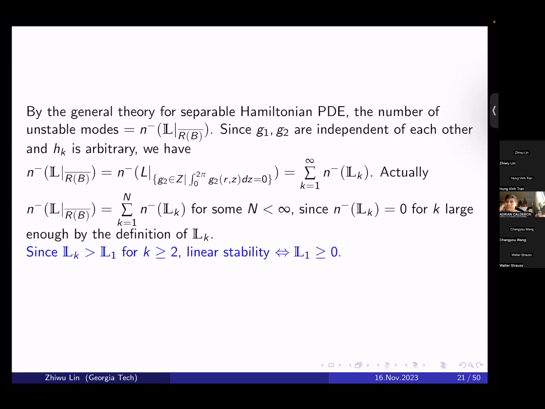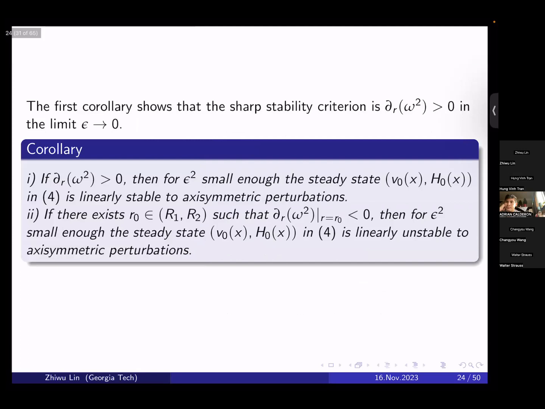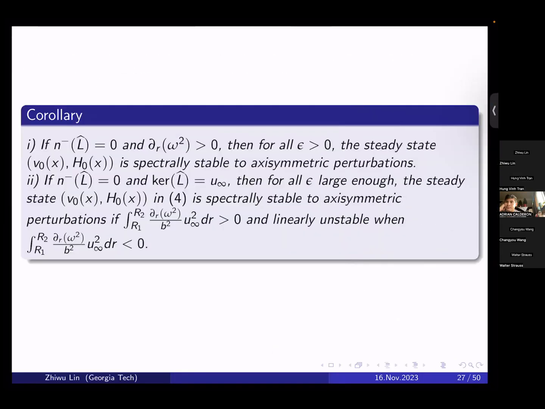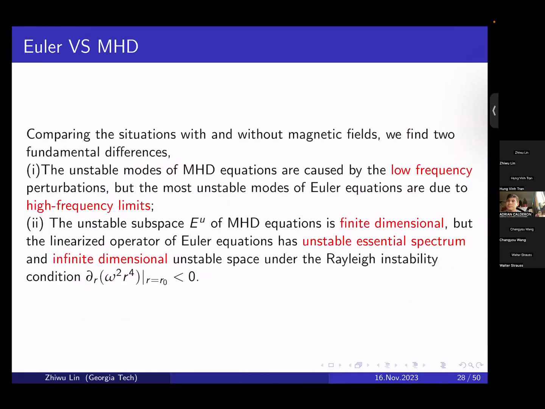So for the MHD system, we know the unstable mode is a discrete spectrum and is associated with the low frequency.